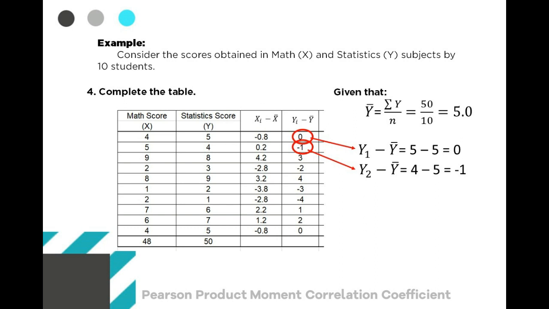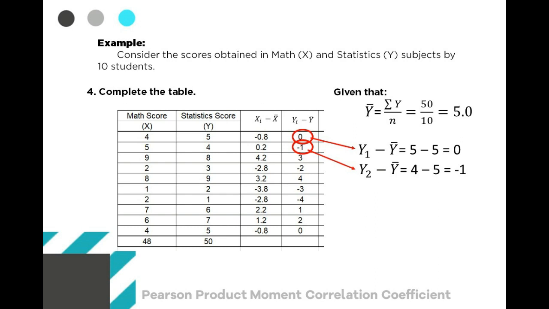So we have Y sub 1, which is 5. Tingnan natin dun sa statistics scores, the first data that we have is 5. So Y sub 1 is 5 minus our mean, which is 5.0. So 5 minus 5 is 0. Then Y sub 2 minus the mean is 4 minus 5, which is equal to negative 1.